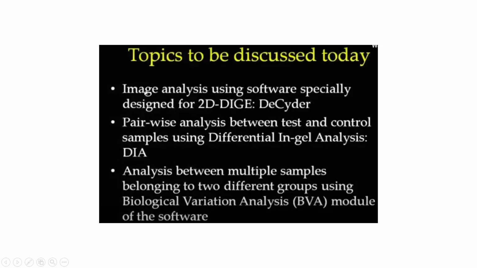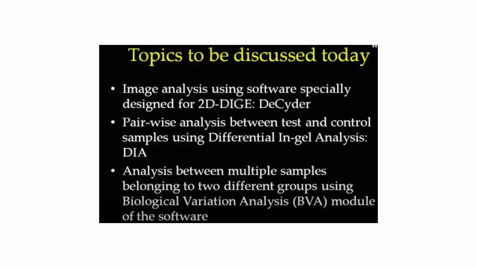In the second part, he did a bit of image analysis using a software called Decyder. Once you run the sample, how Decyder helps you analyze the sample is what sir discussed in the part 2 lecture.